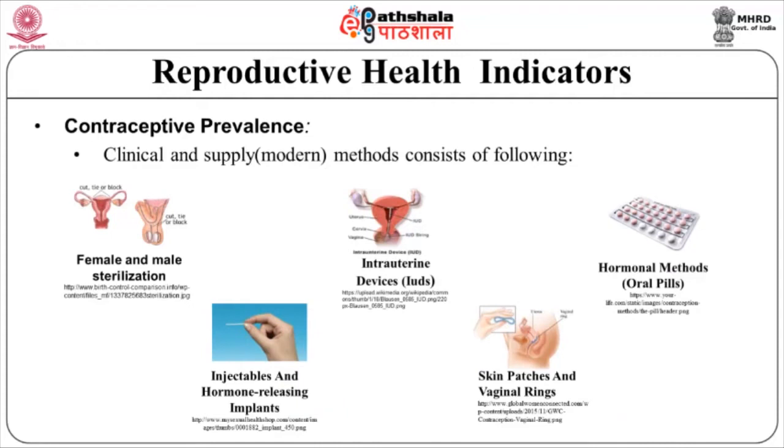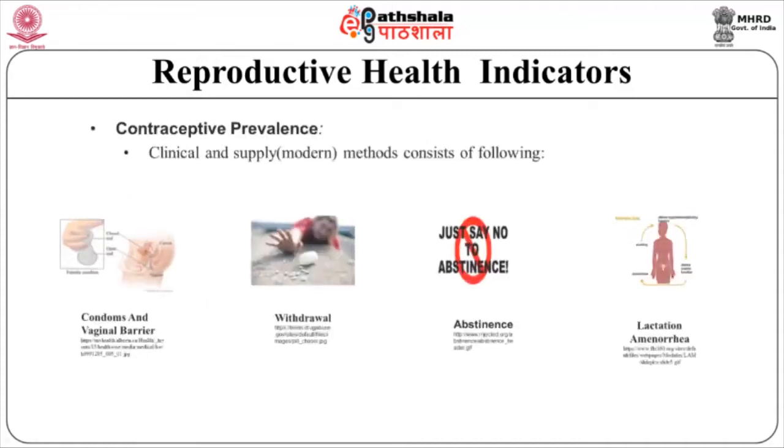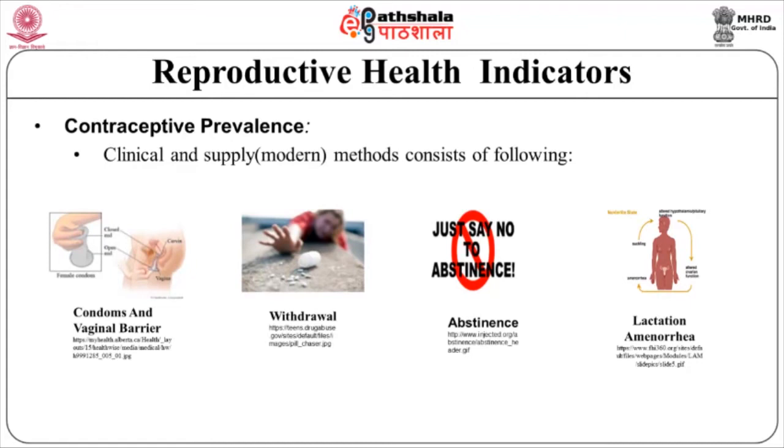Clinical and supply or modern methods consist of female and male sterilization, intrauterine devices, that is IUDs, hormonal methods, that is oral pills, injectables and hormone-releasing implants, skin patches and vaginal rings, condoms and vaginal barrier methods, that is diaphragm, cervical cap and spermicidal foams, jellies, creams and sponges. The traditional methods comprise rhythm, withdrawal, abstinence and lactational amenorrhea.